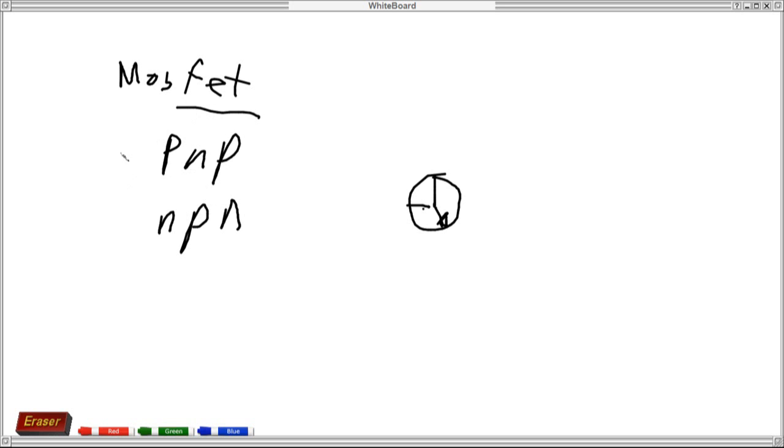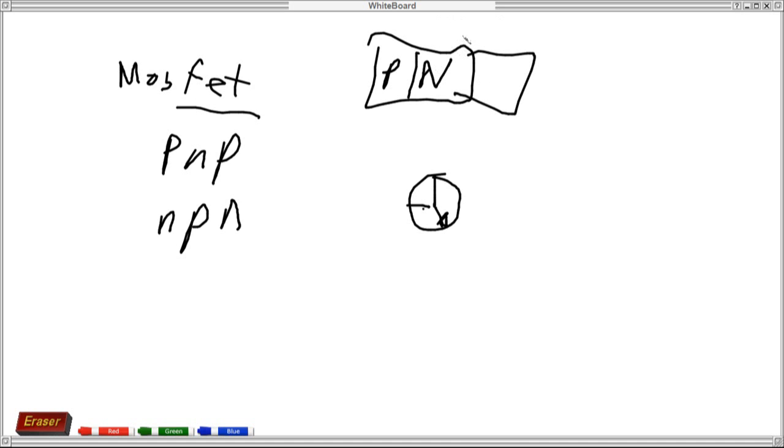What I mean by this is, if y'all know diodes, diodes have two junctions, a positive and a negative. Transistors can be positive, negative, positive, or negative, positive, negative, or vice versa.